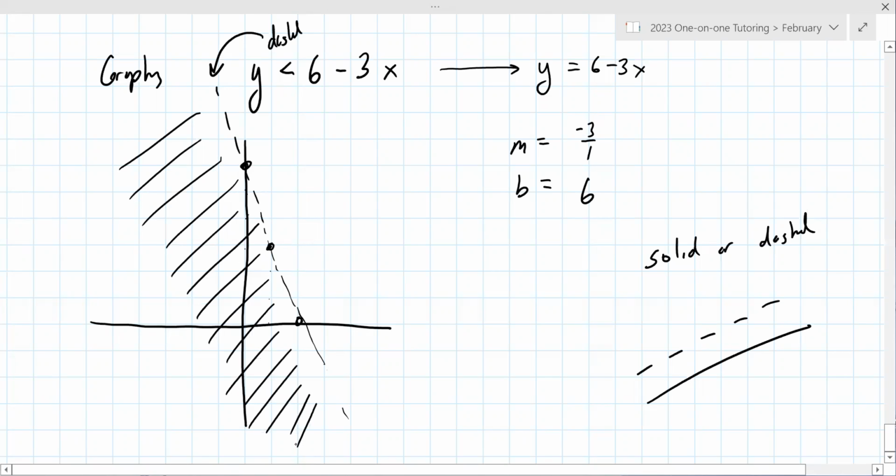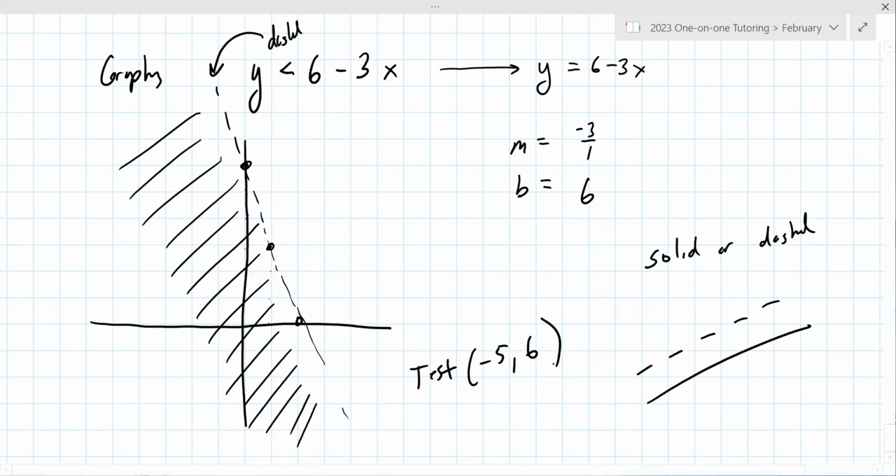So I want you to test -5, 6 and tell me if that's true or false.